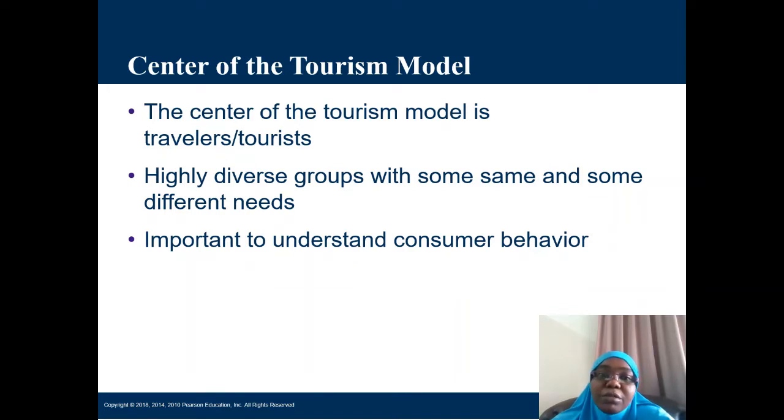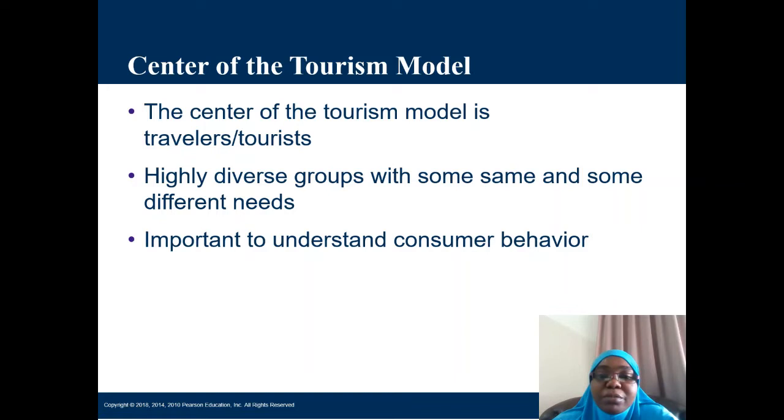So starting with the center of the tourism model, there is a tourism model which describes the whole concept of tourism. At the center of this particular tourism model are the travelers or the tourists. These are a highly diverse group of people, and some are the same, some are different. Some have the same needs, some have different needs.